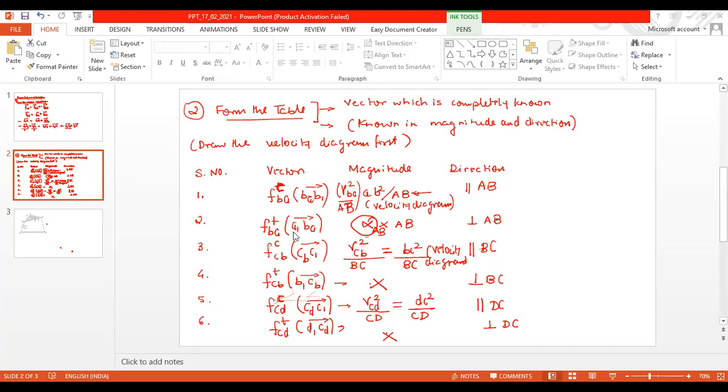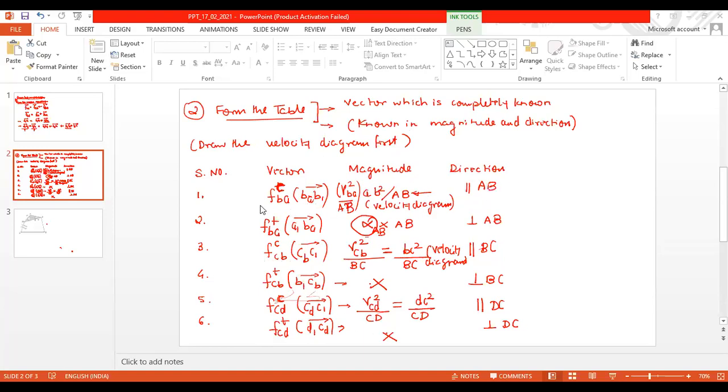Now here I calculated all these vectors, right? Let's say FBA centripetal, then FBA tangential, then FCB centripetal, then FCB tangential, then FCD centripetal, FCD tangential, right? Then I checked which vectors are possible to calculate in magnitude and direction and which are not.